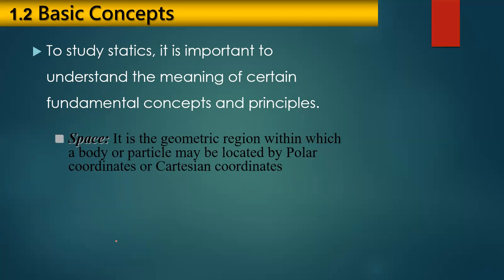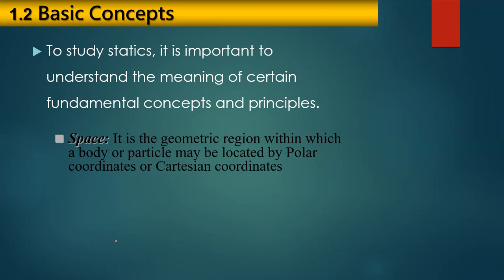When you talk about space in statics, we're simply referring to a geometric region within which a body or a particle may be located by polar coordinates or Cartesian coordinates. Space is simply a region where the object or a particle may be located.